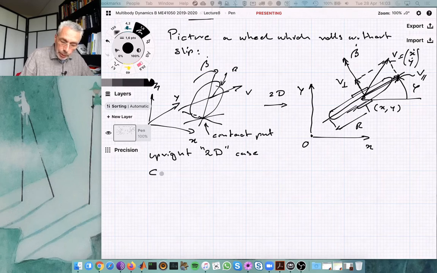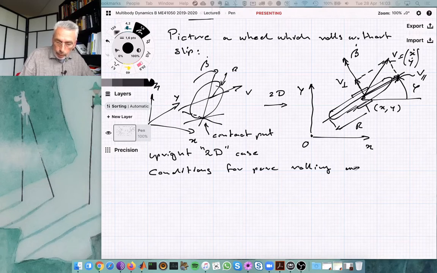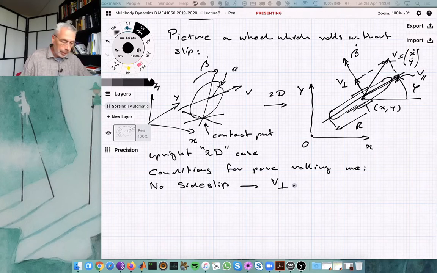So the conditions for pure rolling are. Now, actually, we have two conditions. The first is that we want no side slip, or in other words, it means that this velocity should be 0, so v perpendicular should be 0, that's one.